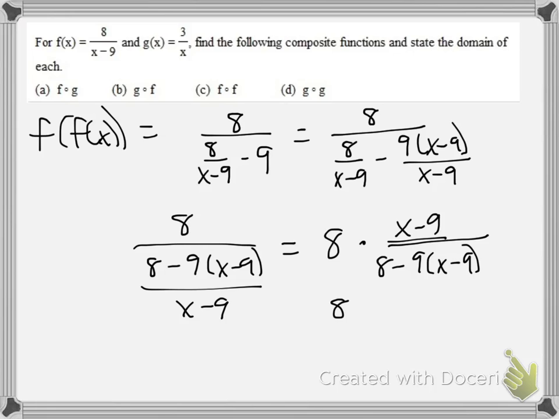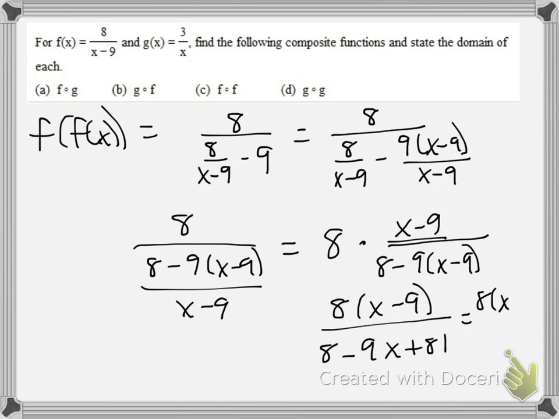So we have 8 in the numerator, 8 times x minus 9. In the denominator, we have 8 minus 9x plus 81. And we're going to simplify that denominator. I guess we could simplify the numerator also, but we don't really need to. So negative 9x plus 89 in our denominator.